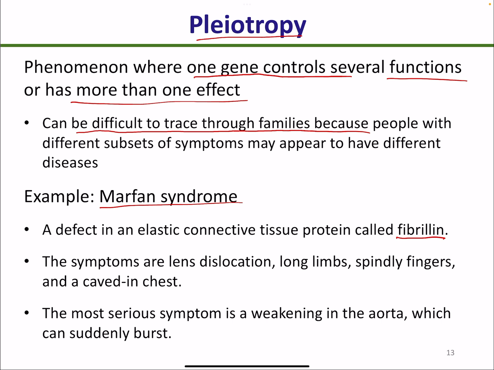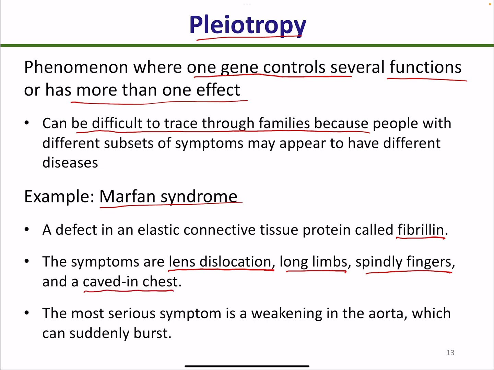So when fibrillin is not properly produced, it can cause different phenotypes, including lens dislocation, the lens in your eye, unusually long limbs, very long, thin fingers, and a chest that is caved in.